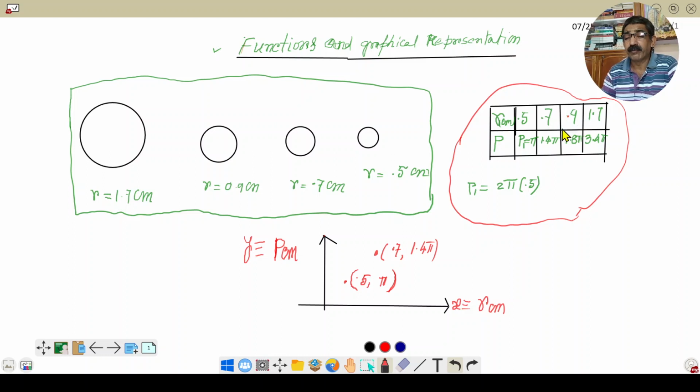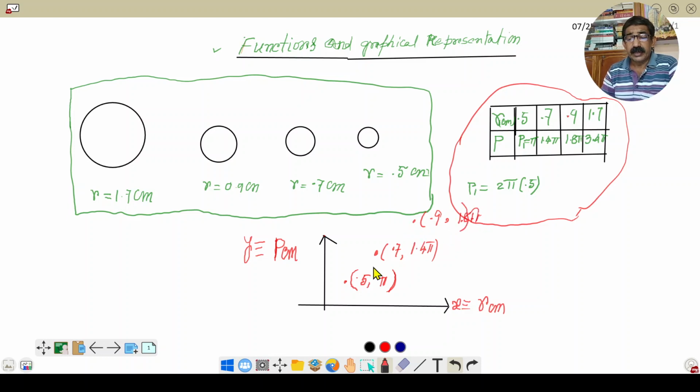So there is this point 0.5, this point 0.7, this point 0.9, and this point is given by 0.9, comma, 1.8 pi.